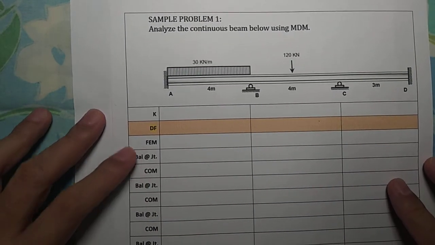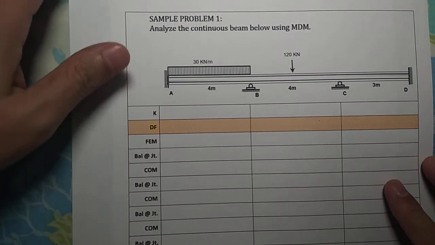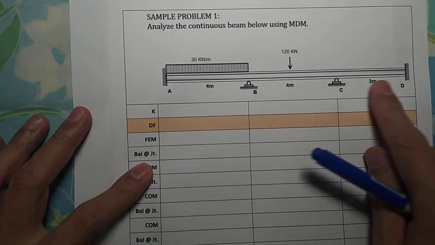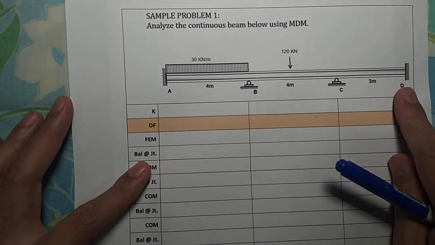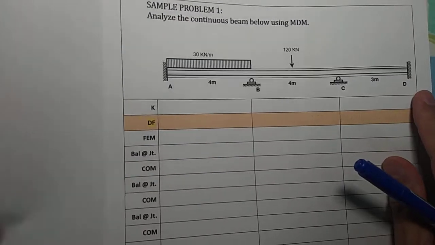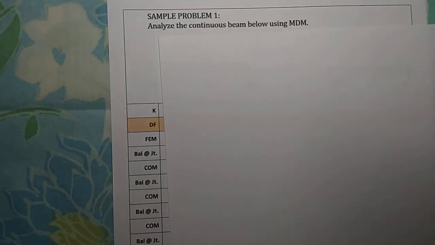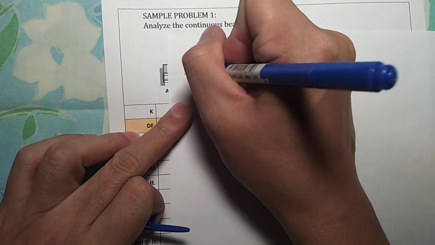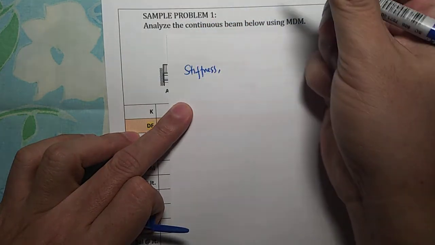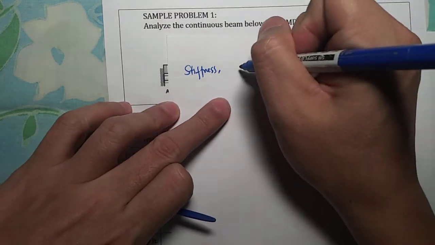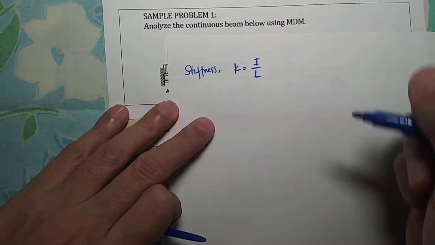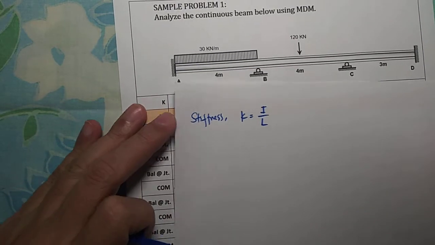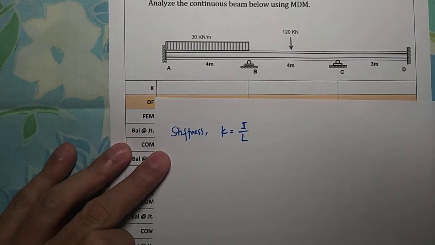Okay, the first step is to solve for the stiffness, K. Since the beam here has constant EI, same elasticity value and same moment of inertia, let's start with the stiffness. We'll be considering relative stiffness, and the relative stiffness is just I over L. Let's start with span AB.